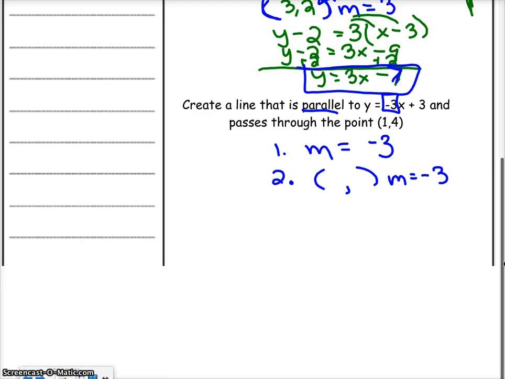Step 3, I use point slope. Now I know it by heart, you don't have to. It will be on the MCAs for you, or I'll give you an equation sheet. y minus the y you're given, so y minus 4, is equal to your slope times x minus the x you're given.